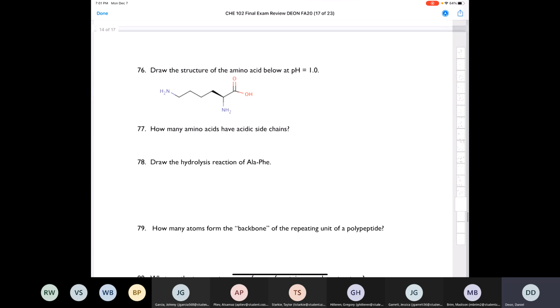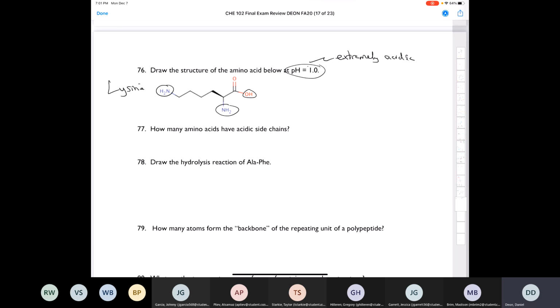Draw the structure of this amino acid below at a pH of 1. This is lysine. A pH of 1 is extremely acidic. And so what's going to happen? Amines are bases, so those will accept a proton.